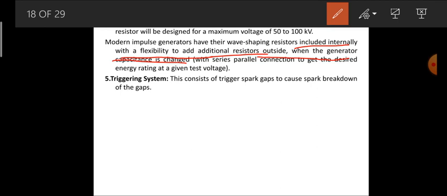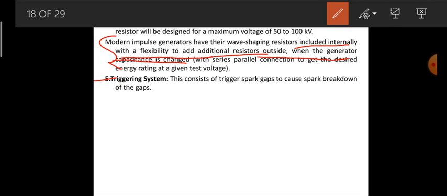While explaining the Marx circuit, I explained the advantage of having a modified Marx circuit. Right, so the next one is the triggering system. As I said, for discharging of capacitors, the spark gaps have to be triggered externally. They have to be made to spark over externally, so we require a triggering system.